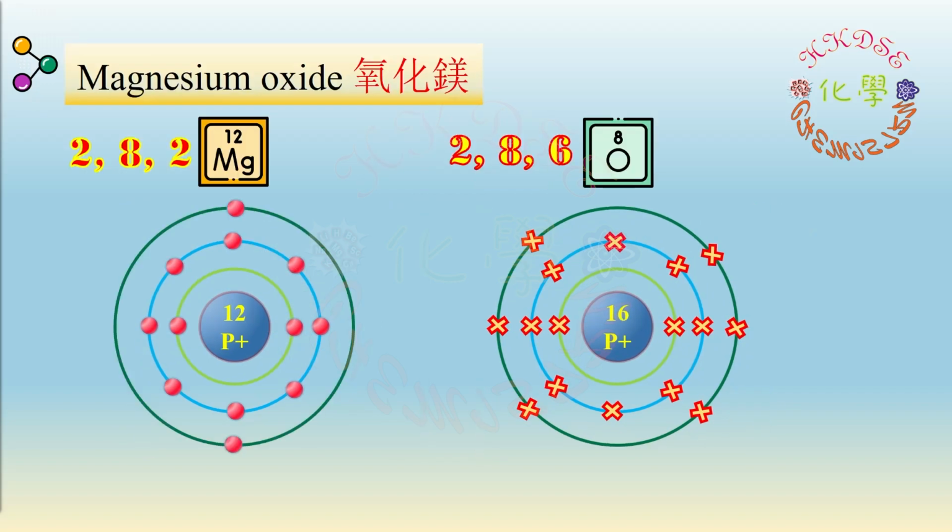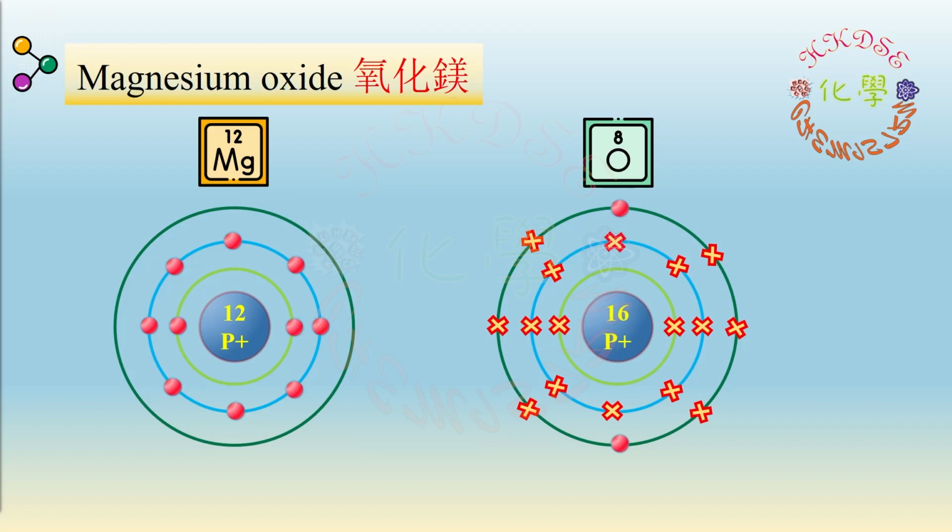Another example is the reaction between the group 2 metal magnesium and the group 6 non-metal oxygen. The magnesium atom has 2 electrons in its outer shell. The oxygen atom has 6 electrons in its outer shell. Now when magnesium reacts with oxygen, the magnesium atom loses the 2 electrons, and these 2 electrons are transferred to the oxygen atom.